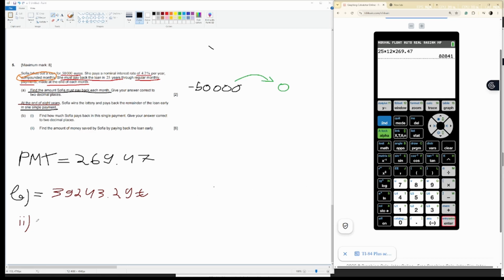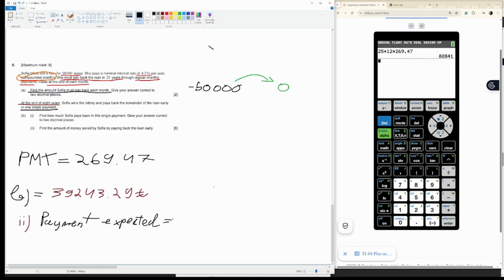So that goes roughly up to, so let's put the payment expected, I think that's a good word, equals 80,841.